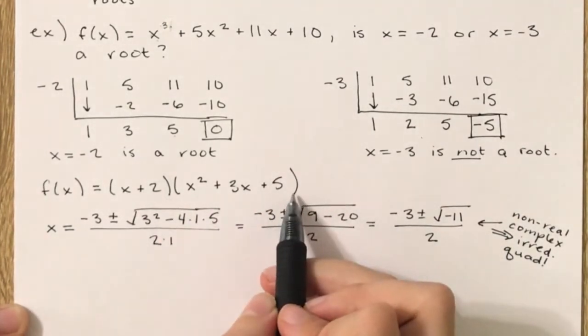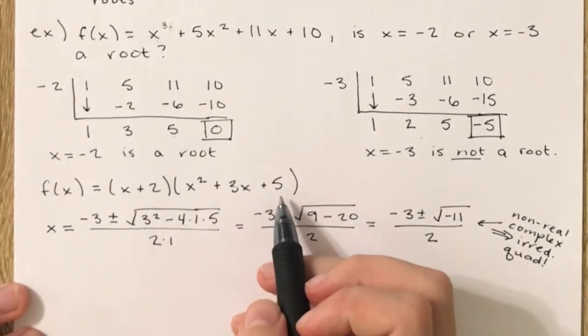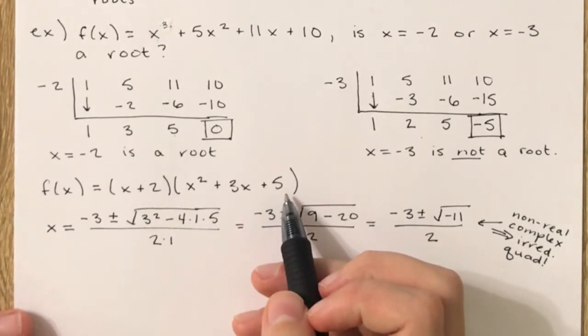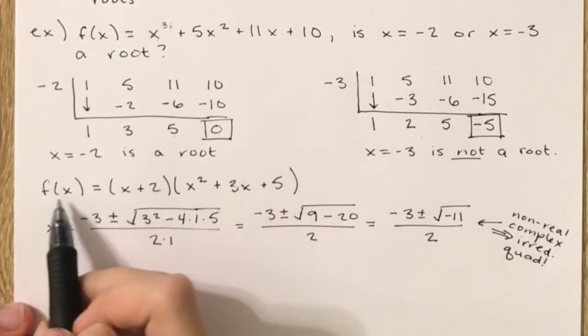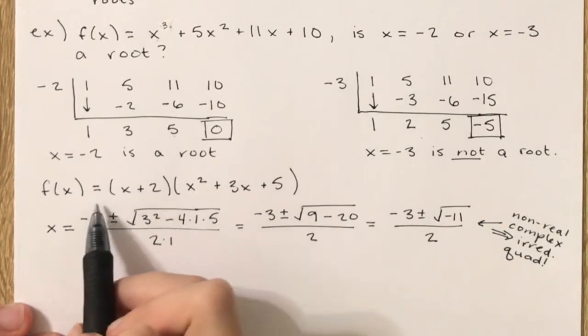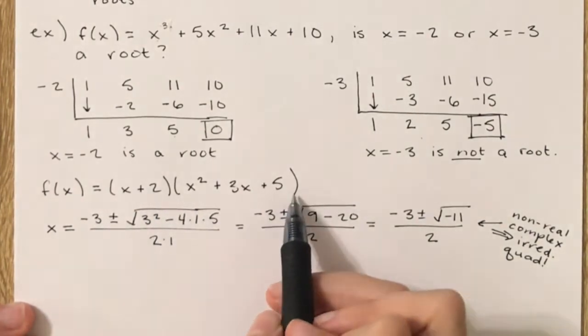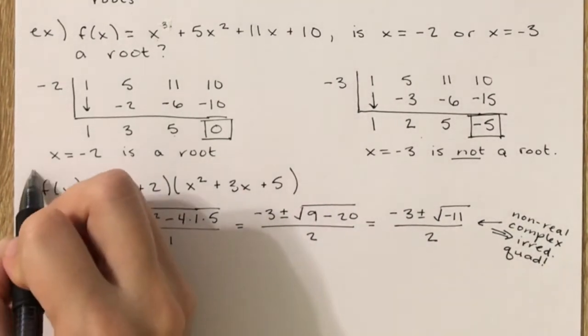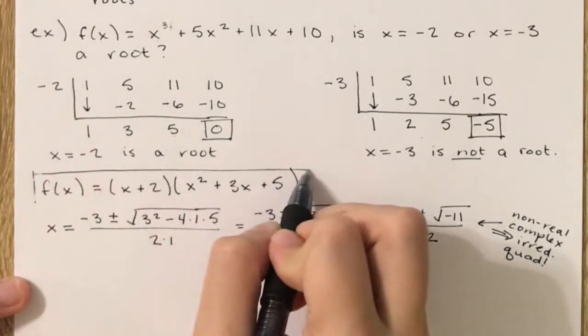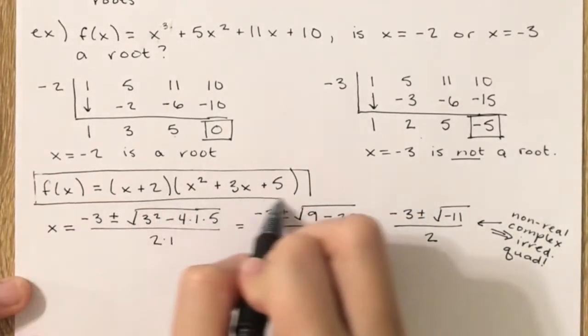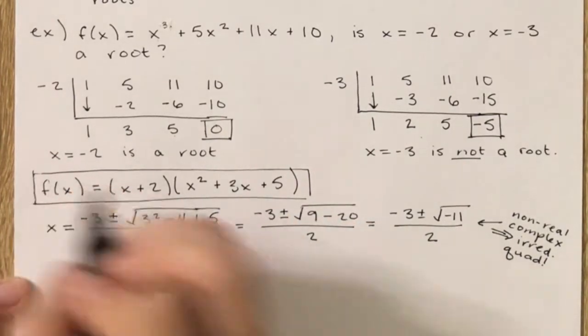So this right here is actually the first type of factoring, right? This is the polynomial as a product of a linear factor and an irreducible quadratic. So this is one of the ways we would want to factor, or could be asked to factor.